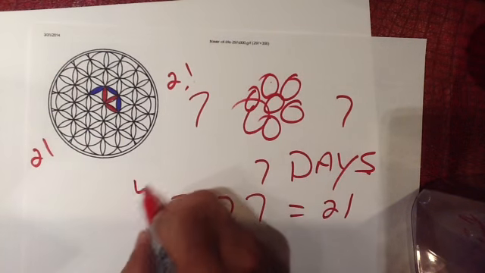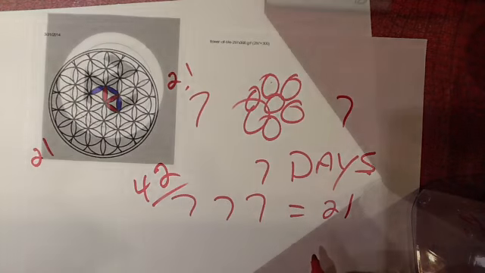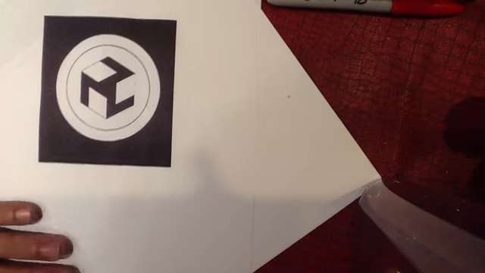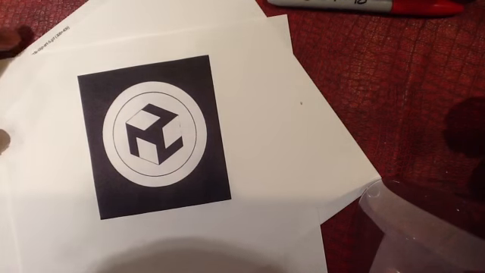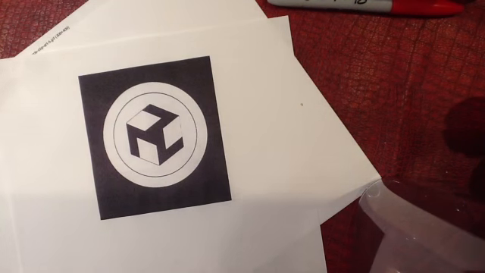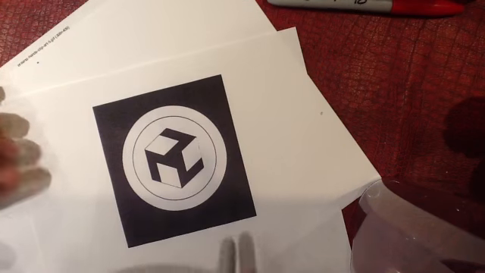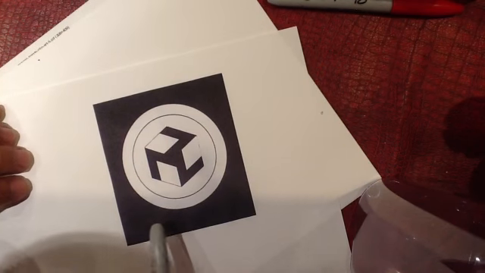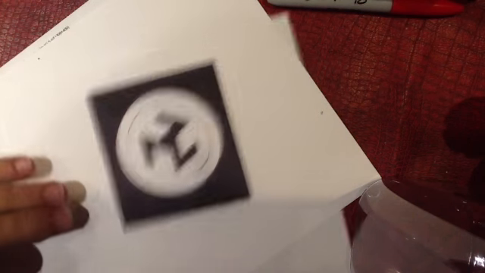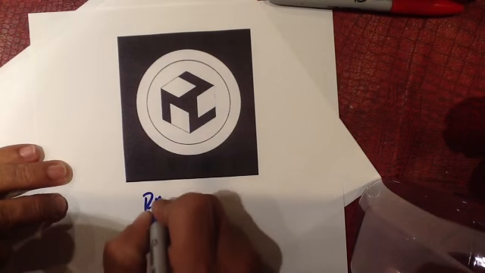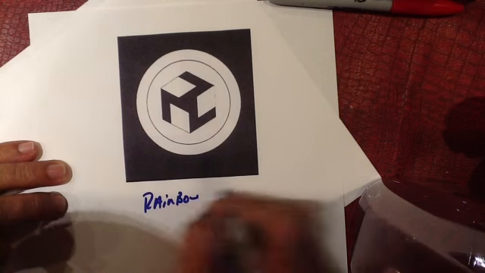21 and 21, 42. Now I want to add this in also because about a year or so ago, I put a video out. It's in my playlist. It's called 42, the answer to everything. I was explaining the symbolism of 42, and it comes from this symbol, which is called the Antahkarana, which is Sanskrit, and it means rainbow bridge.